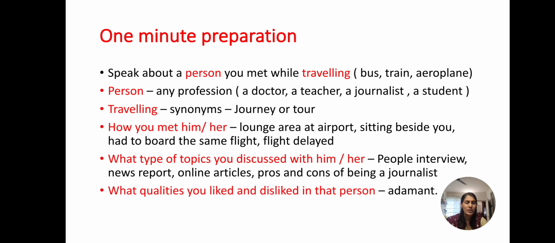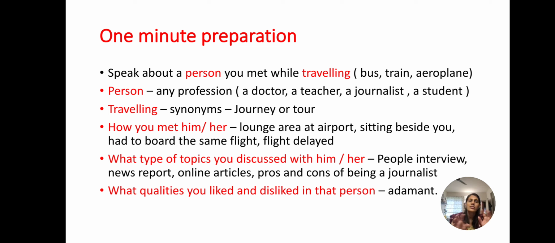into sentences. Now when I'm talking about a cue card, we should always remember that a proper cue card should have an introduction, body and conclusion. So how will you frame the introduction, the body, and the conclusion? Always the first pointer comes in your introduction part. If I'm talking about the introduction, you see the first line says speak about a person you met while traveling.